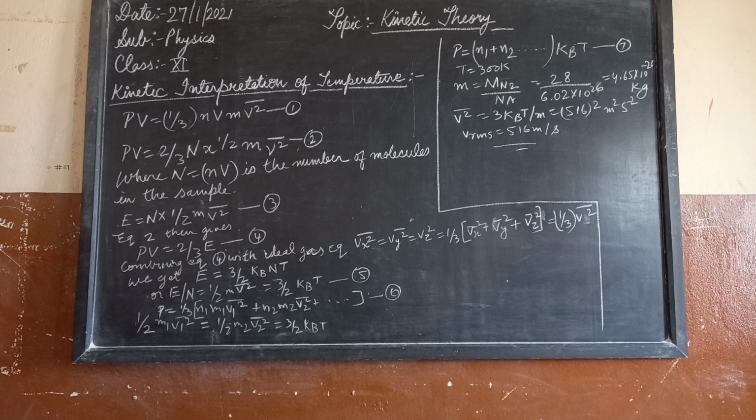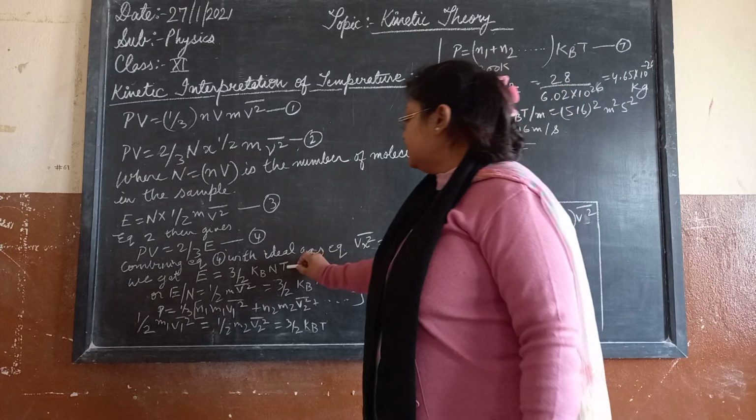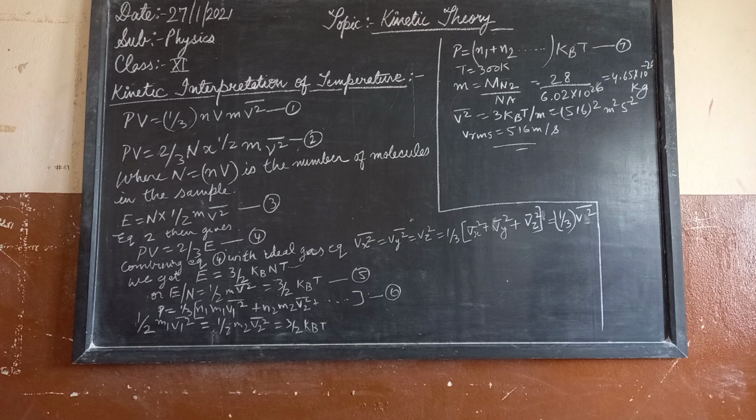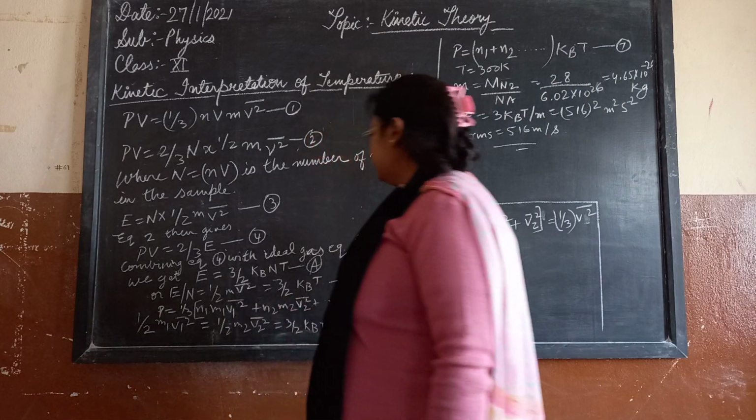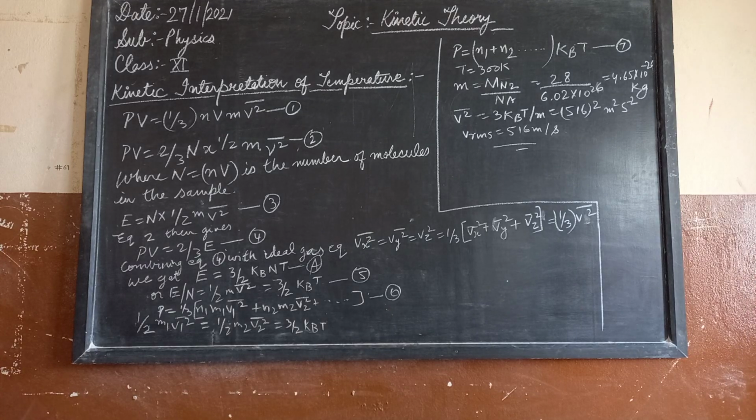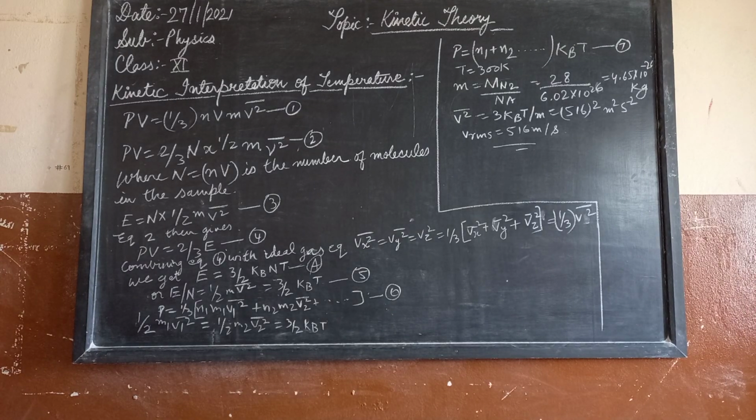We know from equation 3.18 that E equal to 3 by 2 kB N T. From this equation we can tell that the internal energy of the ideal gas depends on the temperature, not on the pressure or the volume.